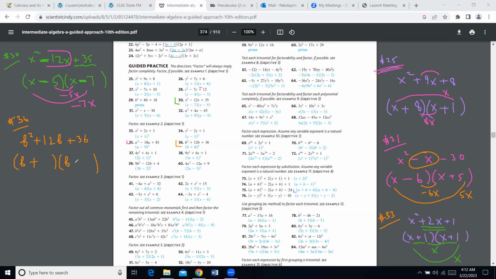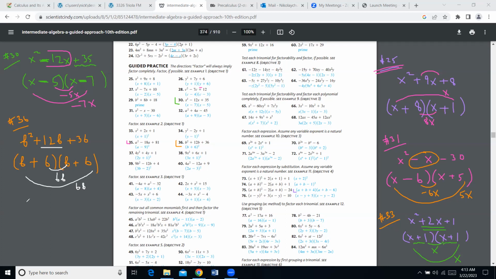Everything is positive, so I put my pluses. And then I have to factor 36 by multiplying 6 with another 6, right? And this takes care of it because I need to get a 12 in the middle. So 6b and another 6b will give me that 12 that I really need in here.